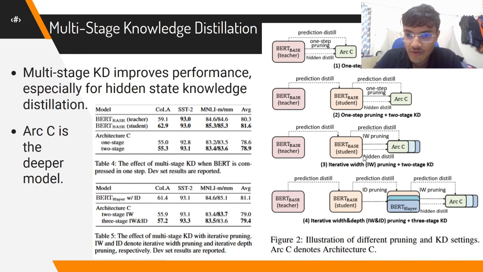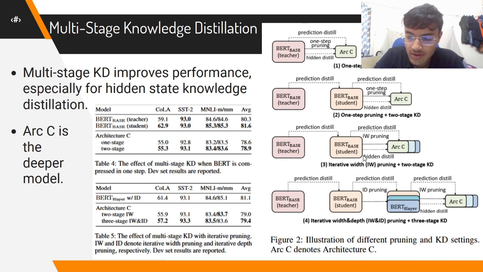After that, from that student model, we do pruning to get architecture C, and then do knowledge distillation again during the tuning task. Hidden distillation means doing the training and distillation of hidden layers, and prediction distillation means doing the distillation of the prediction layer, that is, the outer final layers.